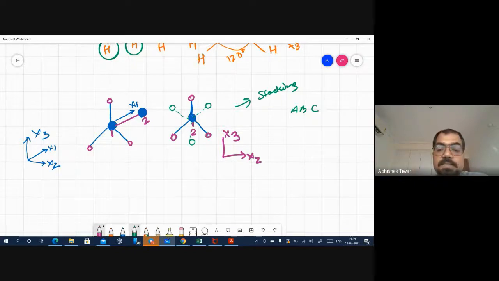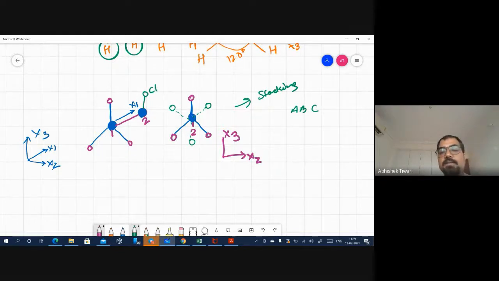So these are the structural requirements which the molecule will have to meet in order to form the structure, right? But the scenario might change as soon as, instead of hydrogen, you have chlorine, let's say.